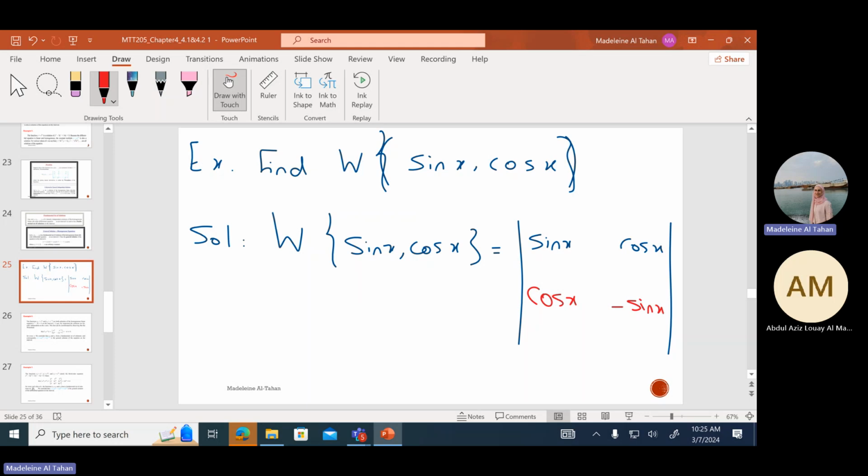Find the determinant now. How do you know it? You have 2, you should reach 2. You have 3, you should reach 3. Okay. What's the determinant, miss? Sine x.